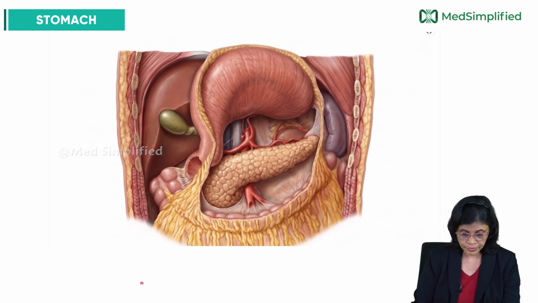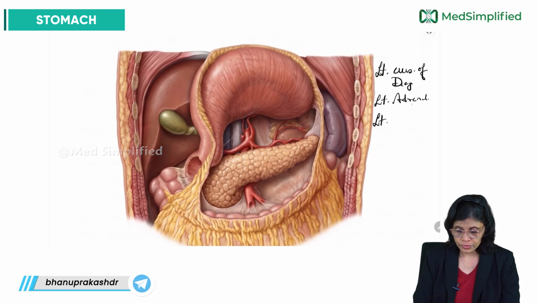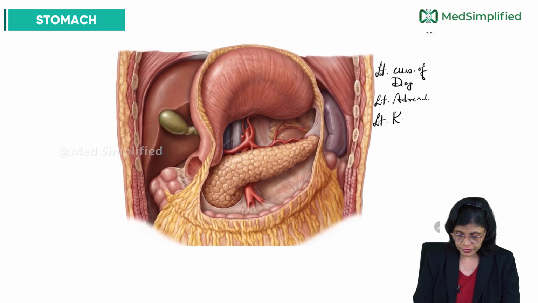From above downwards, what structures form the stomach bed? First we have the left crus of the diaphragm. Then as we come down, we have the left adrenal gland, and after that the left kidney, the anterior surface of the left kidney.